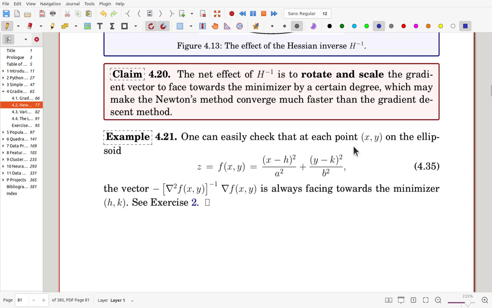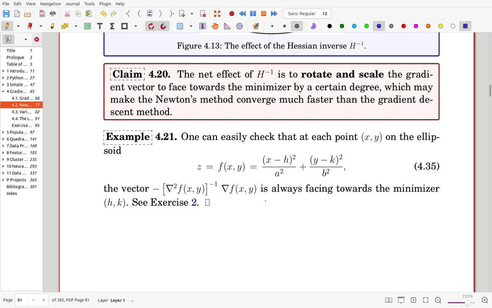Now, for any point (x, y), if you measure the gradient and the Hessian, then minus the Hessian inverse times the gradient will be a vector starting from (x, y) such that if you add this to the point, it becomes (h, k). All of them are facing toward the minimizer.